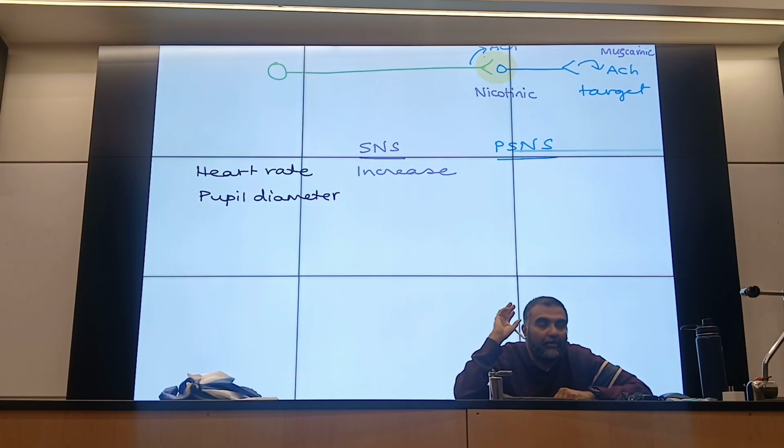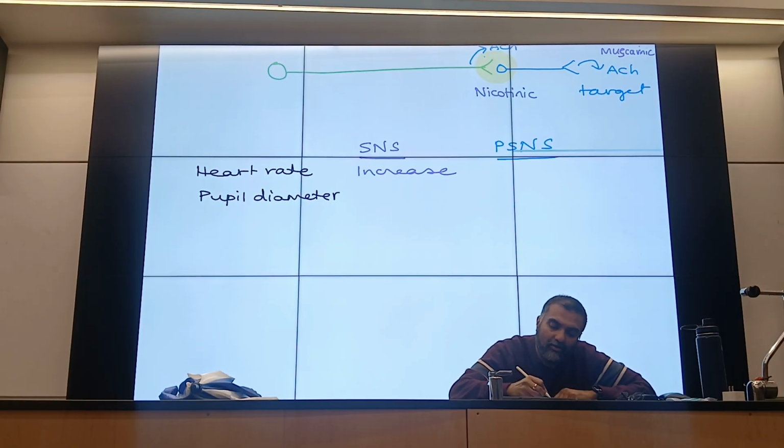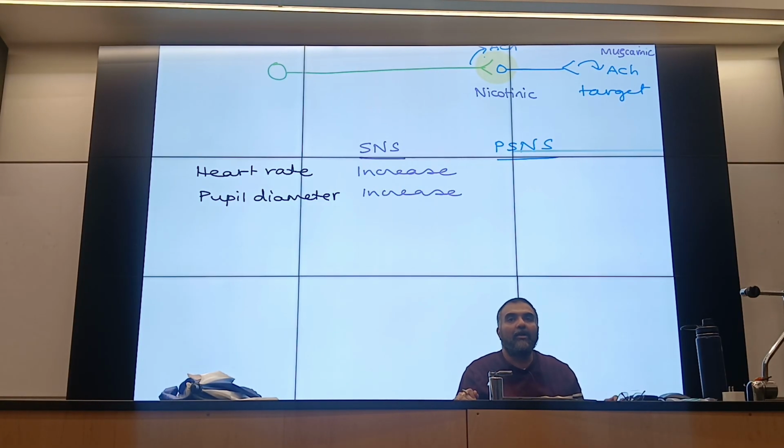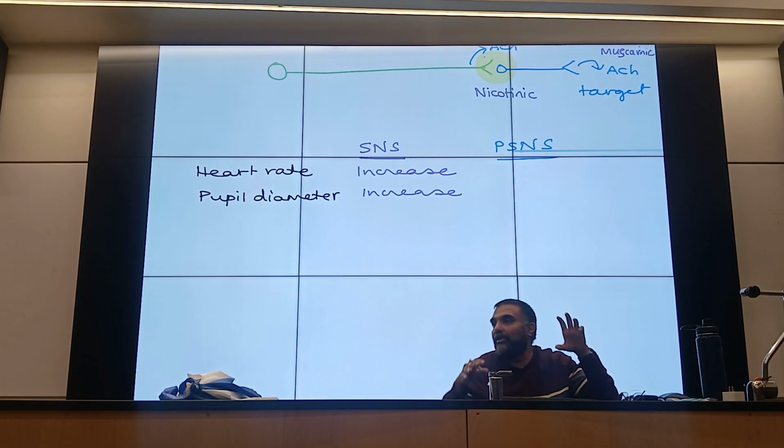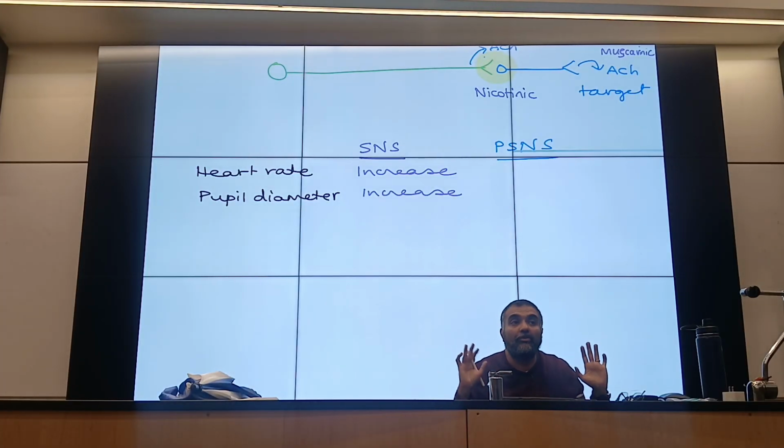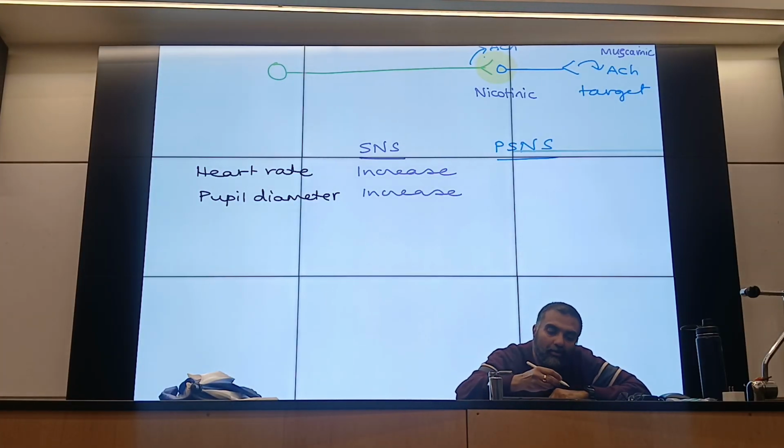But if you're taking only the sympathetic system, you want to increase the diameter because you want to let more light in so you can judge what's going on around you. This is also why your eyes go wide when you're scared, to make sure you are able to look all over. Okay, that's pupil diameter.